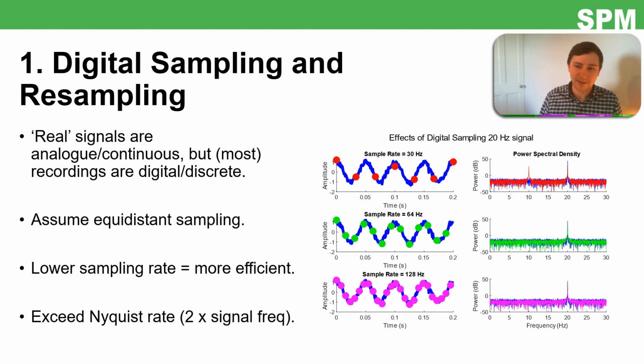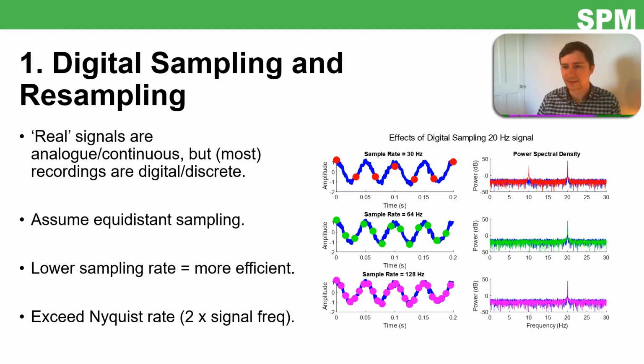Here, the dark blue line on the left panels is an analog recording. It's actually just very highly sampled, and it's a 20 hertz sinusoid. We can just see a snippet of it here. I've also added some noise, and I've shown what happens if you try and sample that at 30 hertz, which would be below the Nyquist rate.